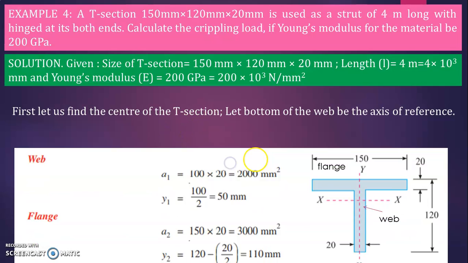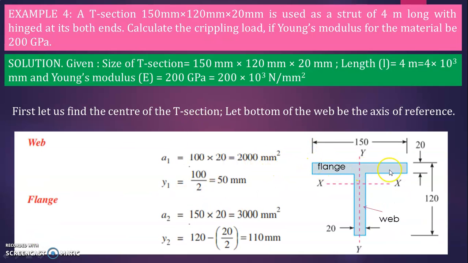So let us see, this is the given T section. This is flange and this is web. The total overall depth is 120, breadth is 150 and thickness is 20 mm.